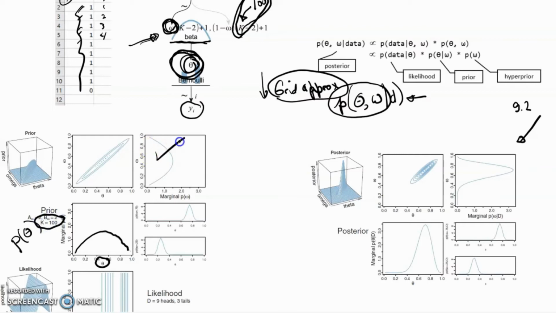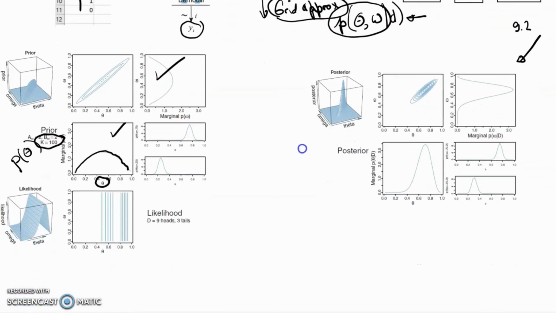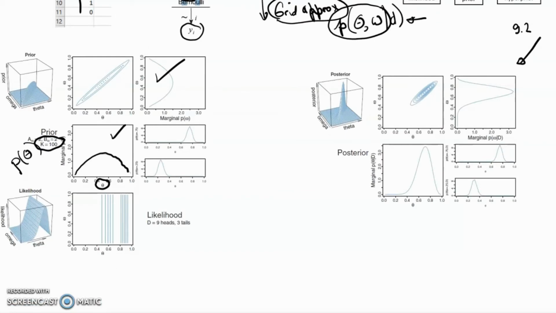But we have no idea how good the teacher is, and therefore we don't have a very strong idea about how much skill the student has. So that's the prior. Now let's move down here and think about the likelihood function.